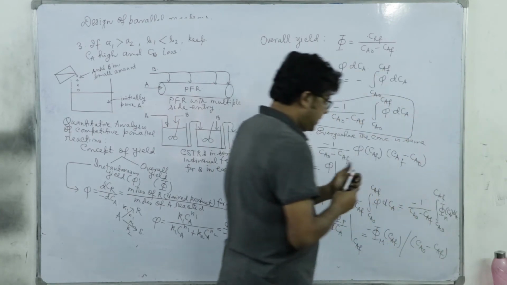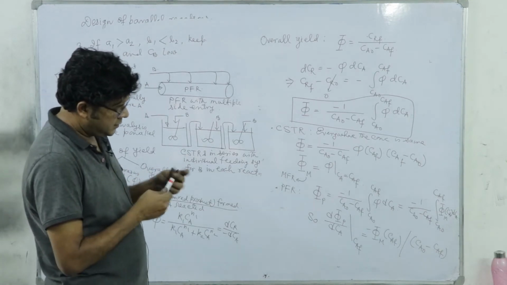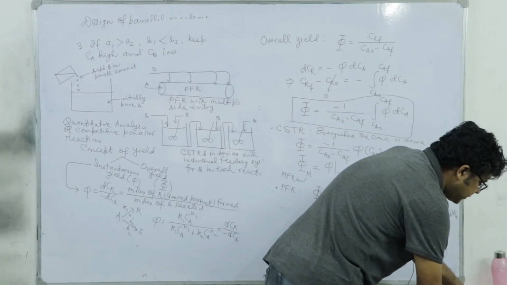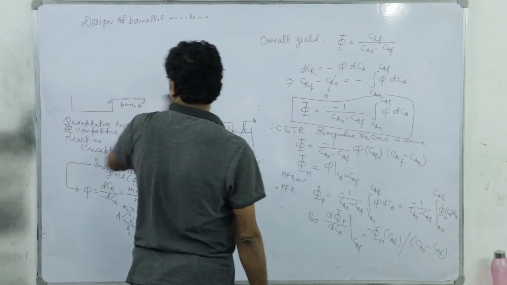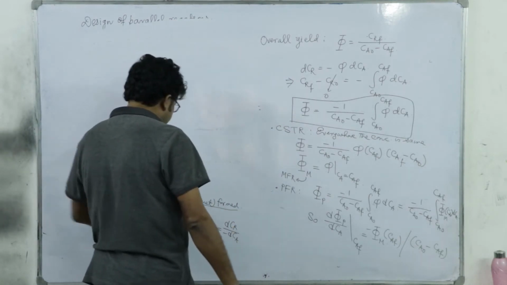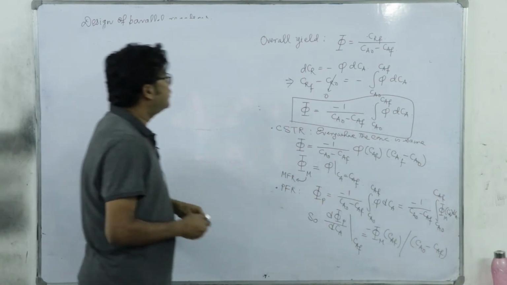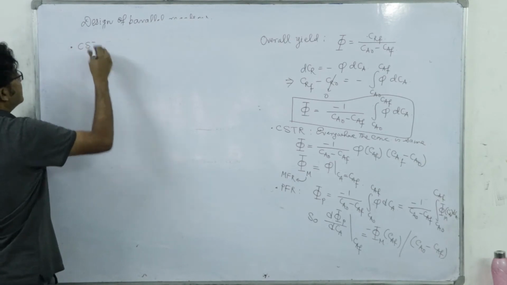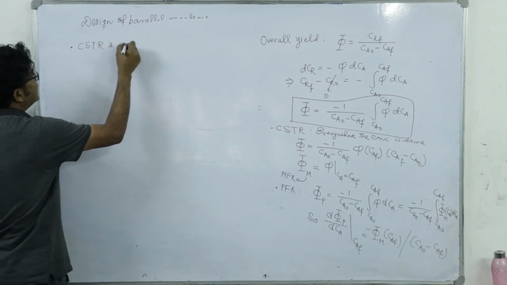So, with that we can also think of CSTRs in series. In CSTRs in series, what will happen and what will be the relationship between the capital phi and small phi, that we have to understand. So, you see this is CSTRs in series.